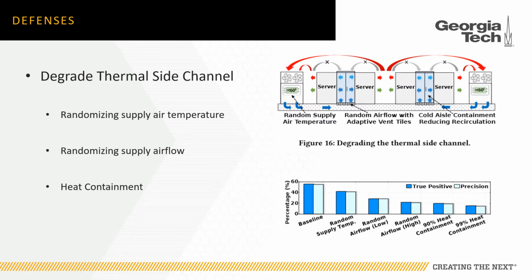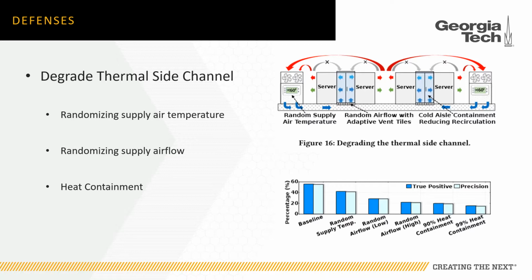Now that we know how the attacker can use the thermal side channel, what can the data center operator do in order to mitigate or prevent this type of attack?